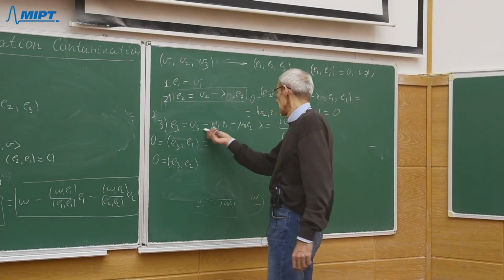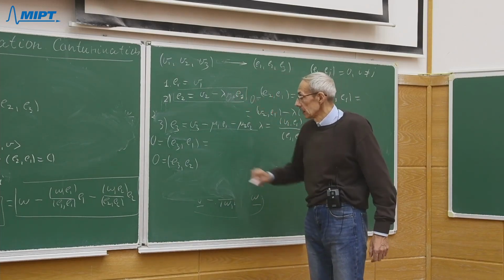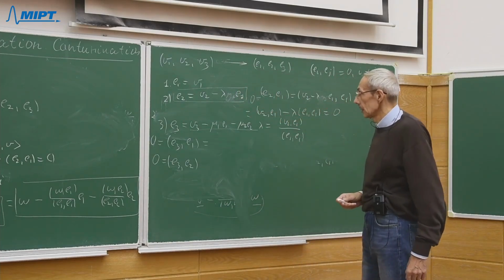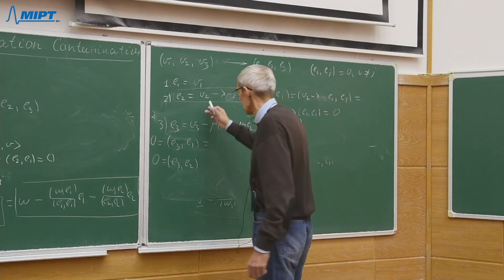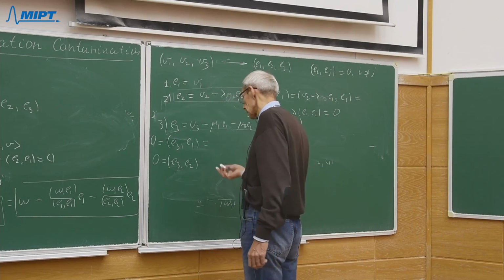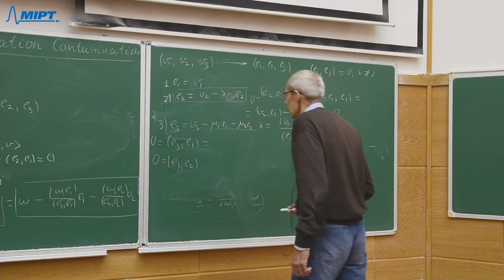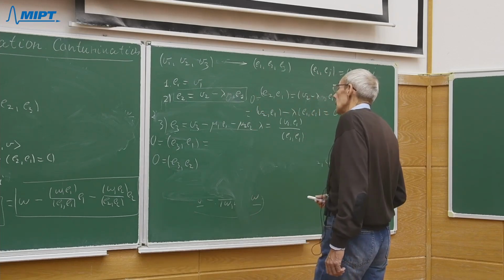If we substitute the vectors e1 and e2, which are orthogonal by their construction, we construct this vector, and these vectors are orthogonal.